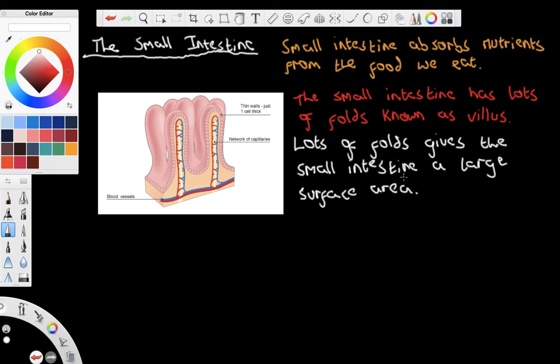Each villi has its own blood supply which maintains a high concentration gradient.